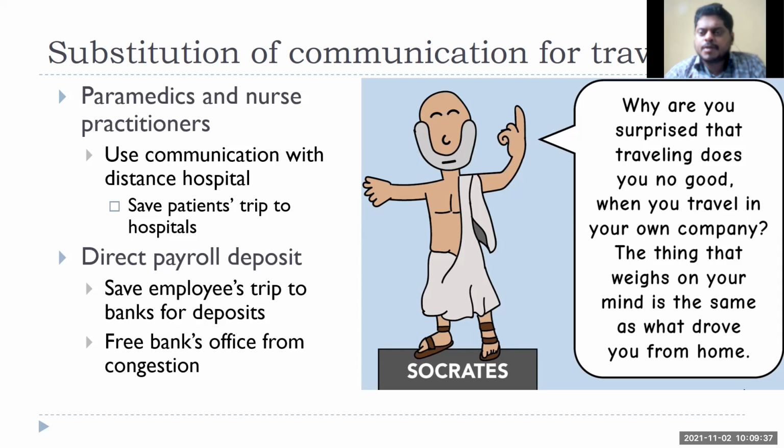Retirement money comes directly into your savings account, right? Otherwise, 10 or 15 years back, old people who were retired used to have a long line to get that retirement check, sorry, the pension check every month. So that travel has been substituted by the online transfer into your direct account, right? It frees the bank's office from congestion, because they used to go to the bank to deposit the check.